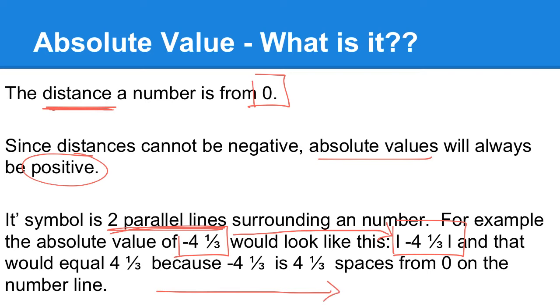Now if I thought about that on a number line, I might put 0, 1, 2, 3, 4. 4 1/3 is about right here. An absolute value is the distance from 0 to that number. And so it appears that it is 4 1/3 spaces. So the absolute value of -4 1/3 is a positive 4 1/3.